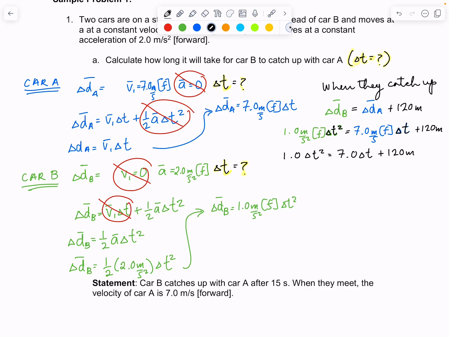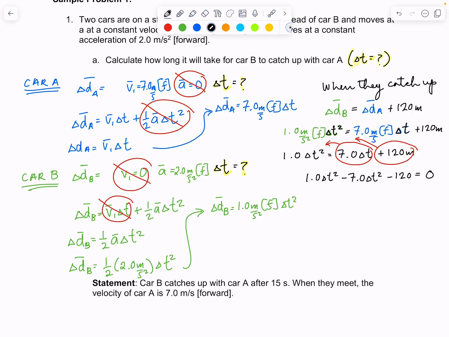To solve a quadratic equation, we have to set everything equal to 0. So we're going to bring 7 over this side and 120 over this side. When we do, we end up with 1.0 delta t squared minus 7.0 delta t minus 120. I'll get rid of the units for simplicity, equals 0.